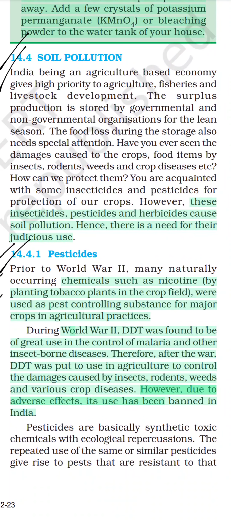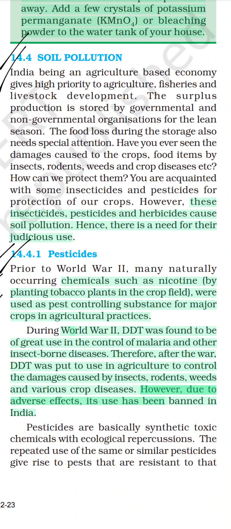Prior to World War II, many naturally occurring chemicals such as nicotine, by planting tobacco plants in the crop field, were used as pest controlling substances for major crops in agricultural practices. During World War II, DDT was found to be of great use in the control of malaria and other insect-borne diseases.